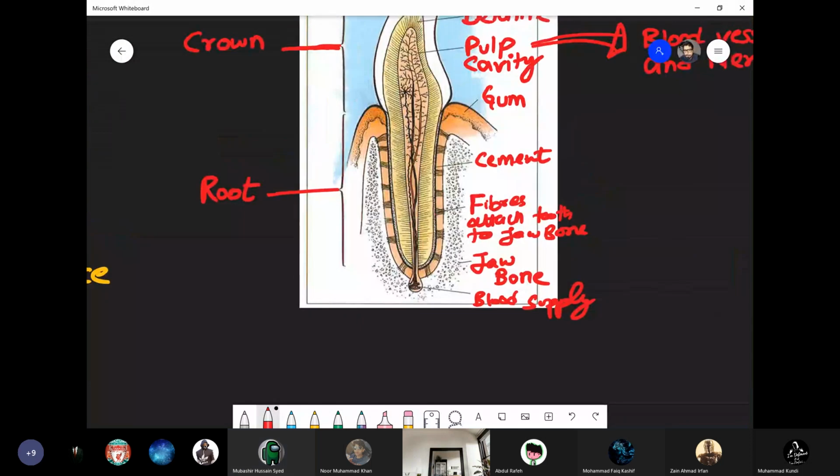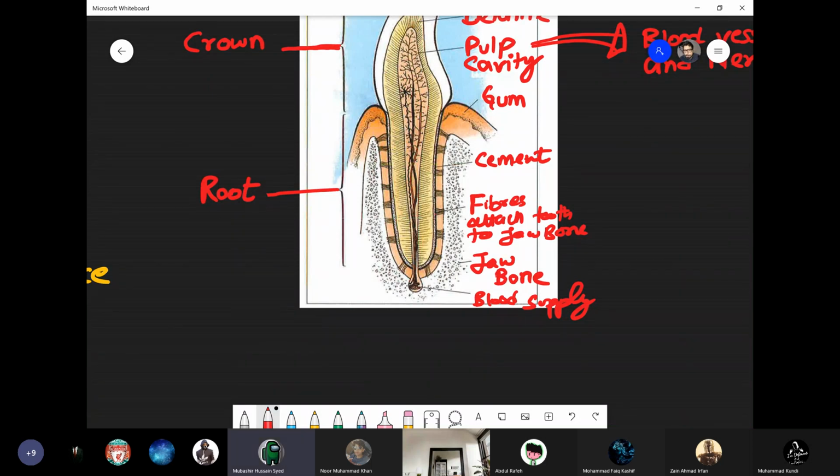Yes. Look here, this all over here is the jawbone. They have shown this jawbone with the help of these small circles. Can you see? Yes, sir. So this is the jawbone, and the tooth has to be fixed into the jawbone.